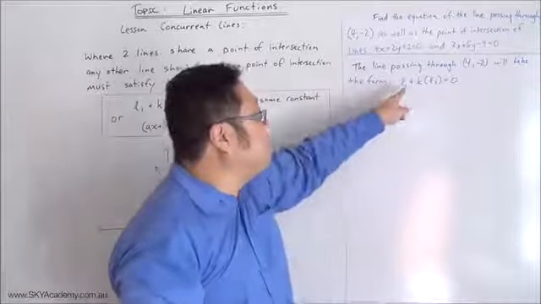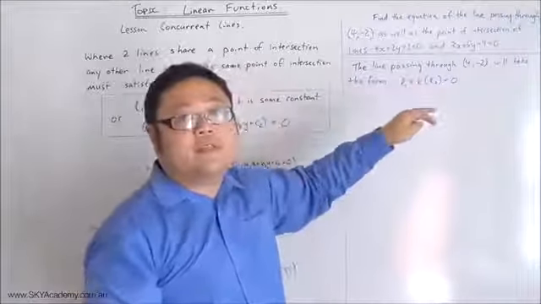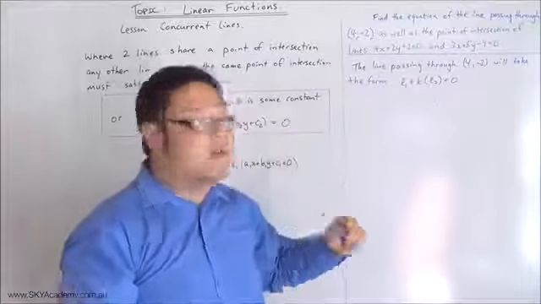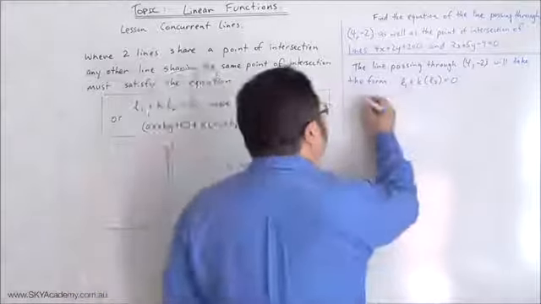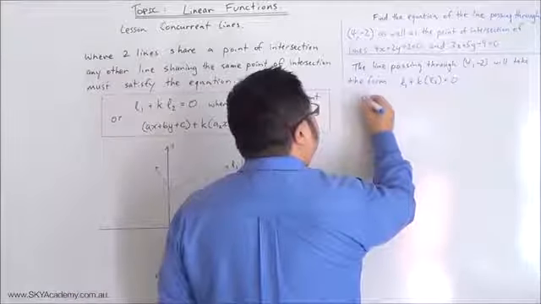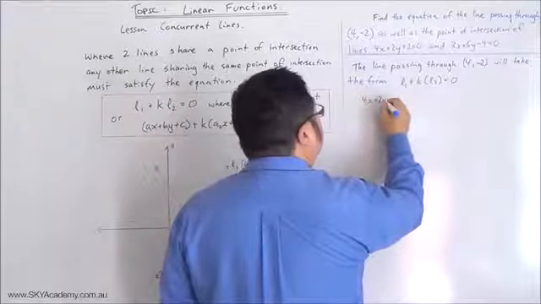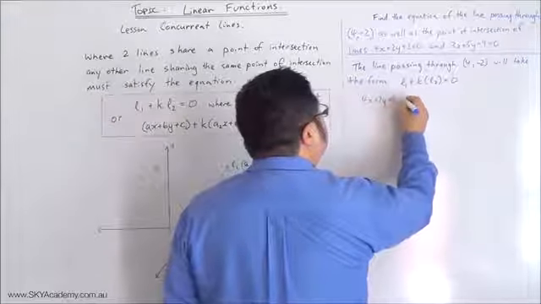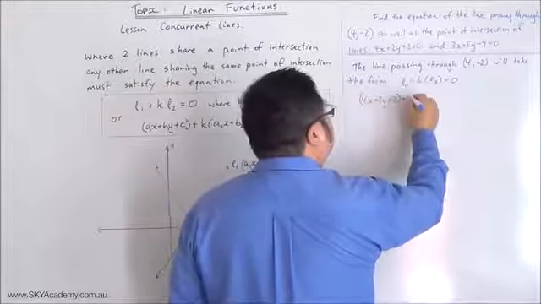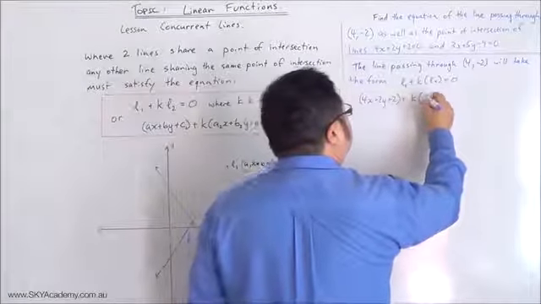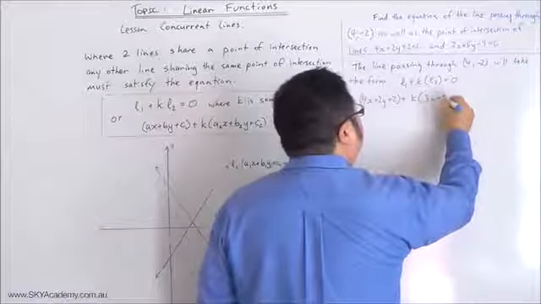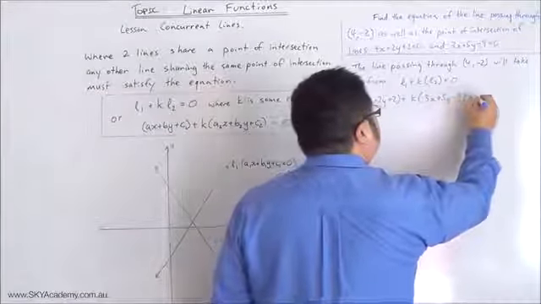So it'll be some multiple of the second line added to the first line. So what we have here is 4x plus 2y plus 2 plus k lots of 3x plus 5y minus 9 equals 0.